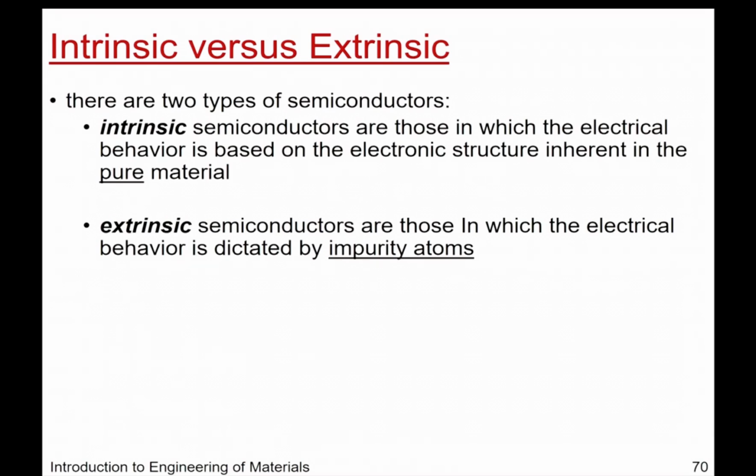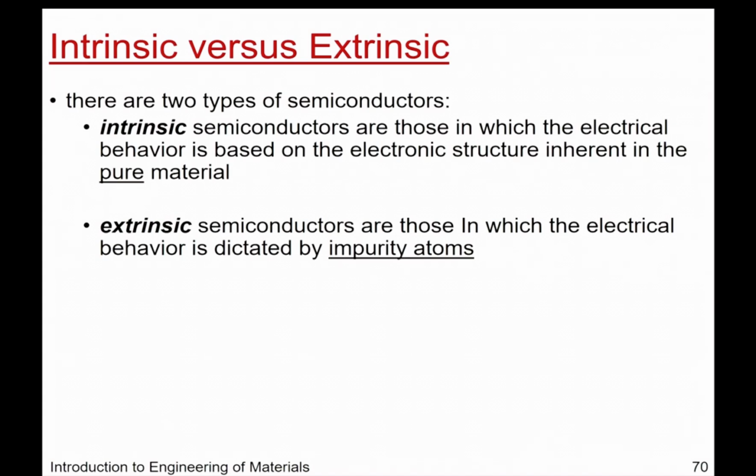Most of the material that you will encounter in your life in electronic devices are going to be extrinsic semiconductors. All that means is that somebody has engineered a material with some amount of impurity dopants, and either they've added elements that have fewer valence electrons or more valence electrons than the host material.